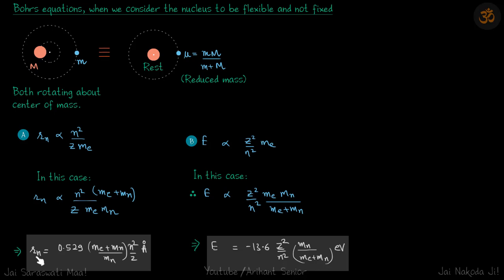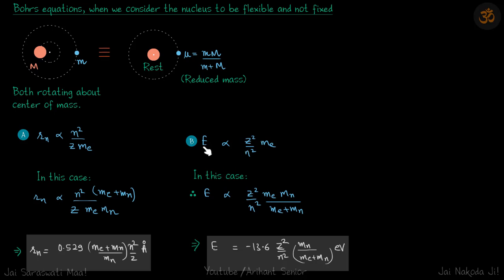So our modified equation will become Rn is equal to 0.529 into me plus mn upon mn into n square by z angstrom. Again, the original equation was 0.529 n square by z. We just add me plus mn upon mn where me was there in the denominator. So this is our modified radius of the nth orbit.